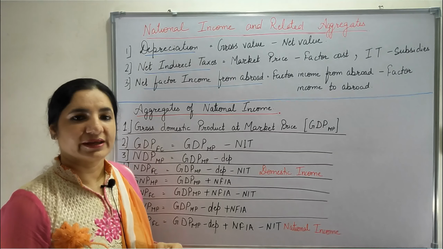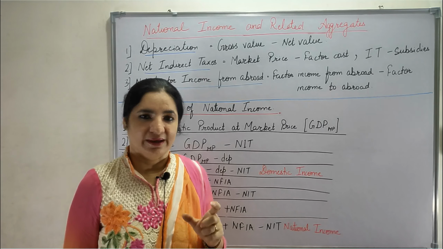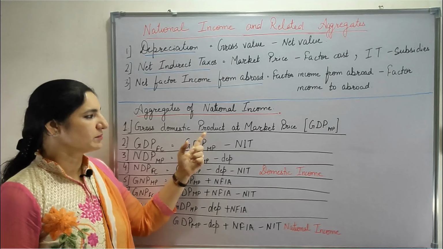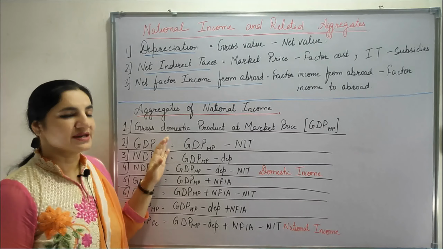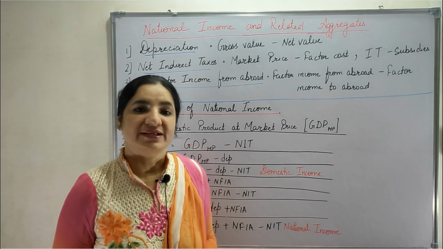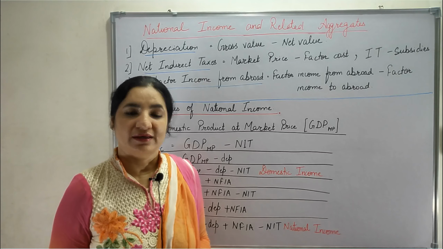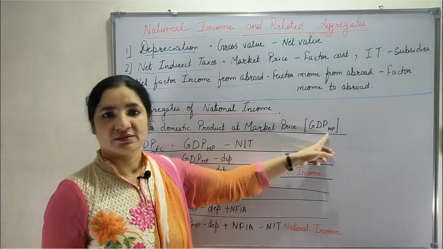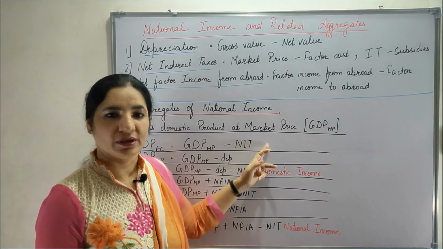Let us start with the aggregates of national income. First and foremost aggregate, which we considered as our base aggregate, that is a basic aggregate, is gross domestic product at market price. It means the value of total goods and services produced in the country in the given year at its market price. It is called as GDP at MP.